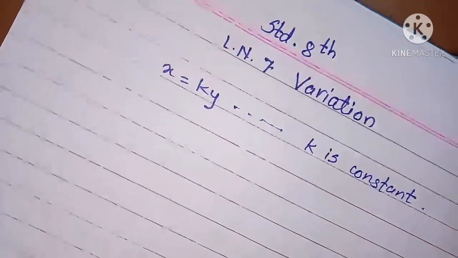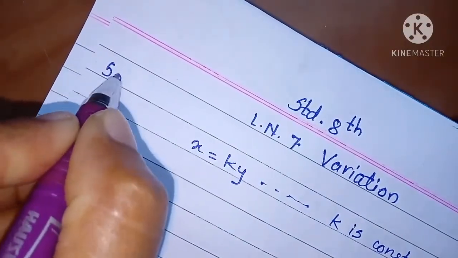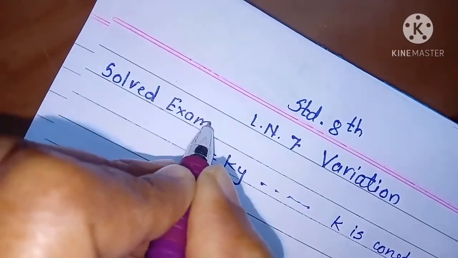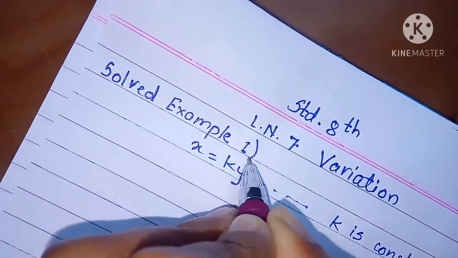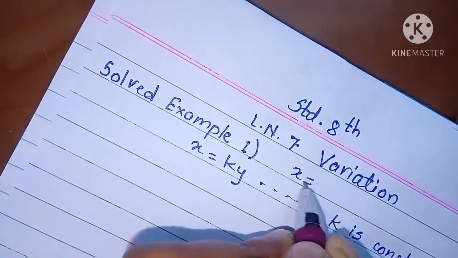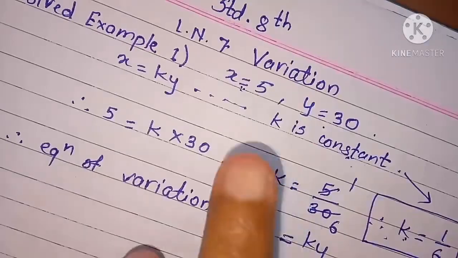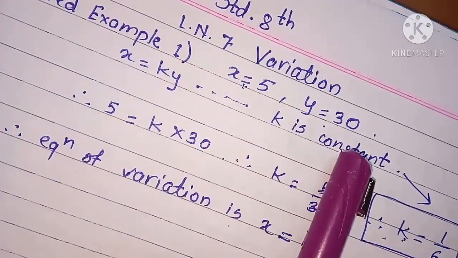So here given x is equal to 5 and y is equal to 30.